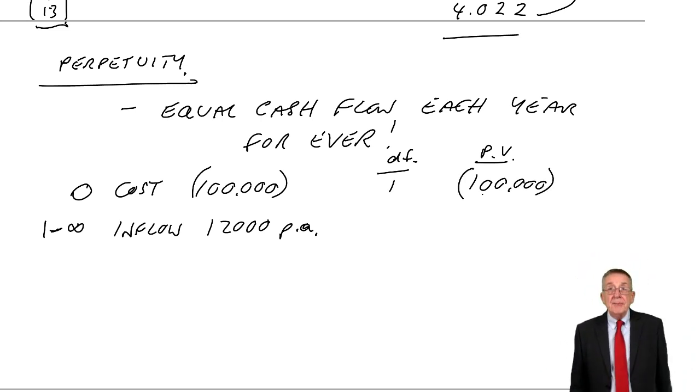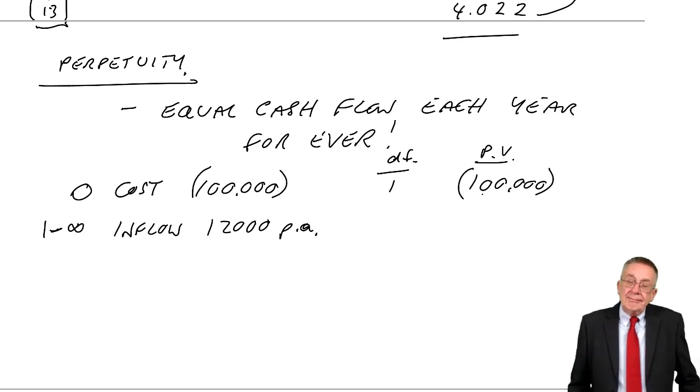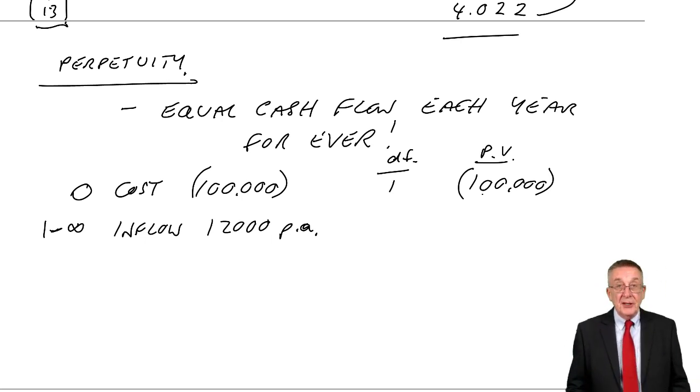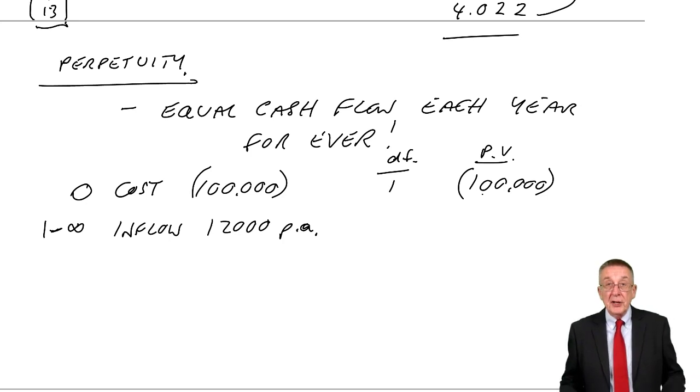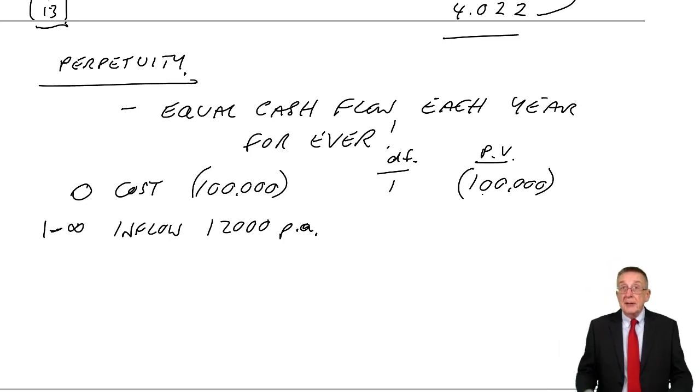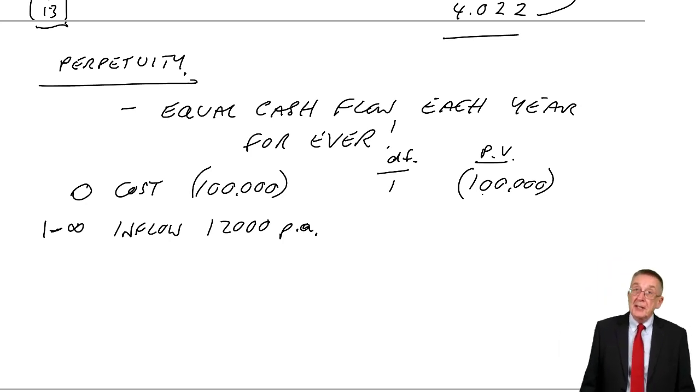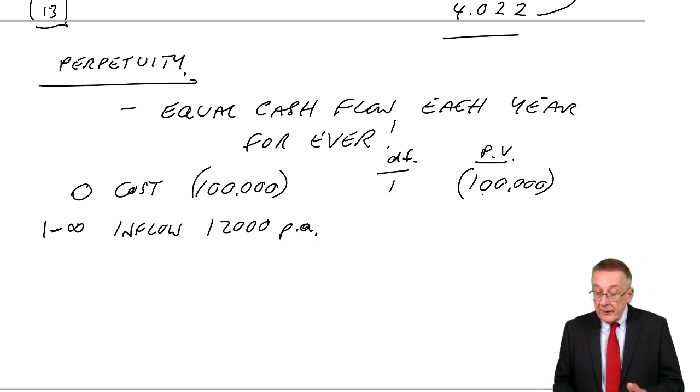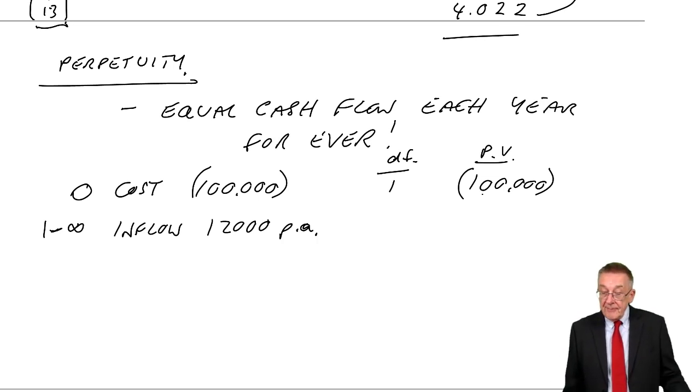But the perpetuity, well, of course, you could do each flow individually, do it for 1 year, 2 year, 3 year, 4 year. And you'll find, you know, when you're getting up to 20 years, 30 years, 40 years, the discount factor gets so small it effectively disappears. But that would be ridiculous. You couldn't have that in.